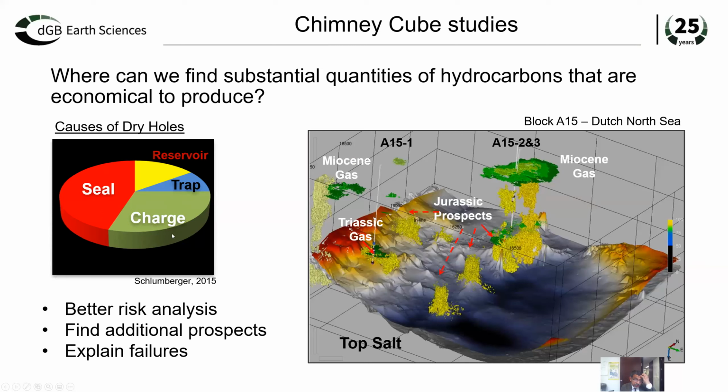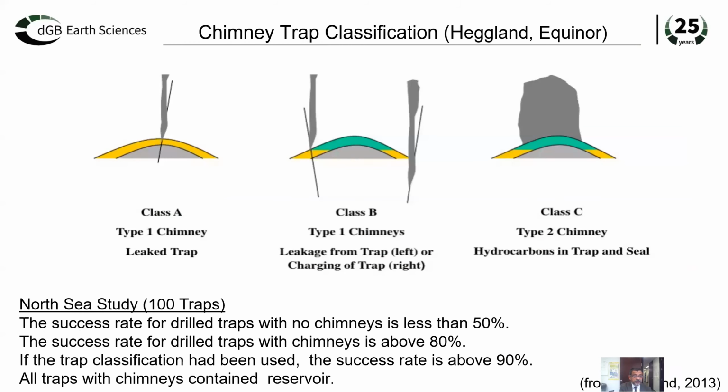So those two were very good in risk analysis and reduced the failure problem, explaining why something failed, or why there are very small accumulations, because the migration might not have happened. So those studies were really important.